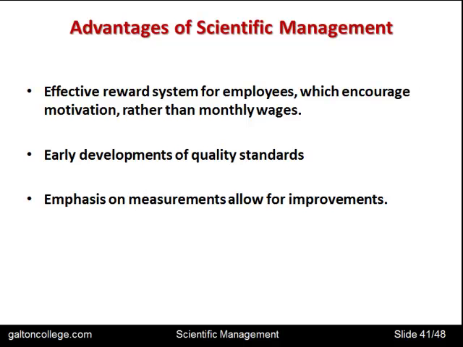What would have to change to enable the operator to produce the task in 50 seconds? What redesign is required? What exactly is required to reduce the time of the task? So the introduction of measurements allows for improvements, allows people to think about, can it be improved because the task takes so long at the moment, can it be improved?